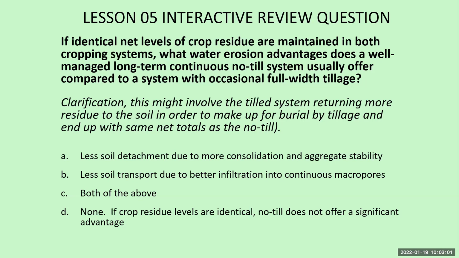Is there an advantage to well-managed continuous no-till versus something where there's occasional full-width tillage? Goes back to that question, is consolidation of the soil over time, just leaving it undisturbed, assuming we have a well-managed system, does that have a benefit? Or is RUSLE2 and in the real world, are we only interested in residue cover?